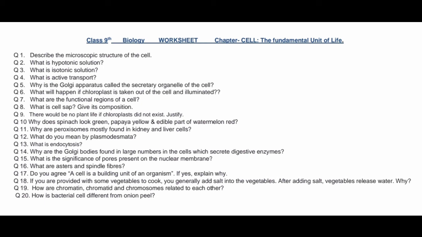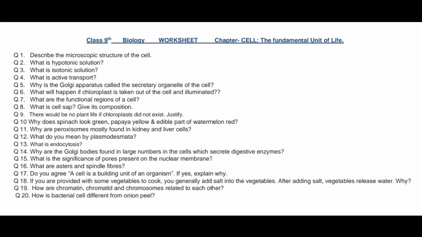Next question number 17. Do you agree a cell is the building unit of an organism? If yes, explain why. An organism is made up of various organ systems like digestive system, nervous system, respiratory system, etc. And these organ systems are made up of various organs, and these organs are made up of various tissues, and tissues are groups of cells performing the same function.